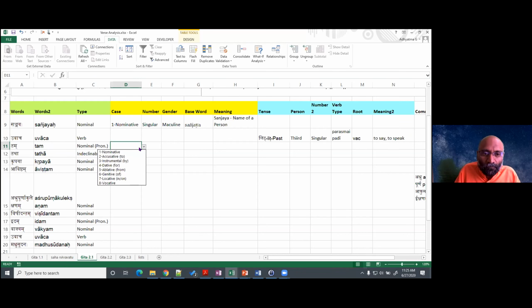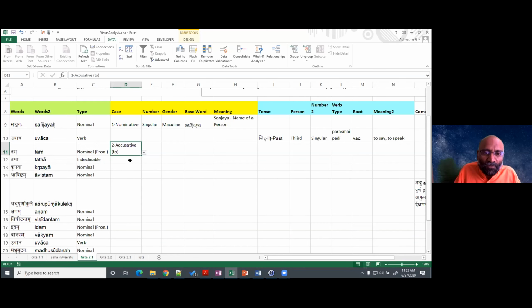Tam is the accusative case. It's a pronoun in the accusative case, the second case, which has the meaning of "to". All these cases have a corresponding preposition in English.